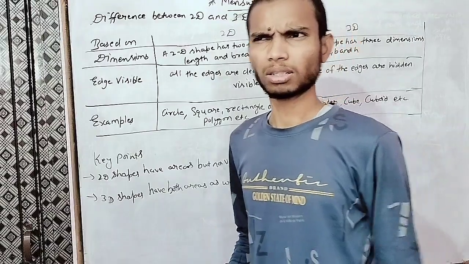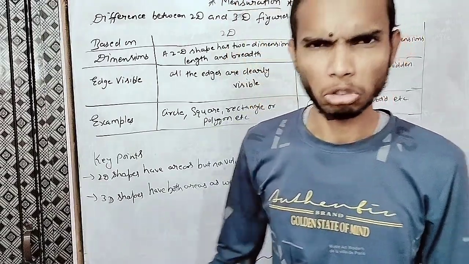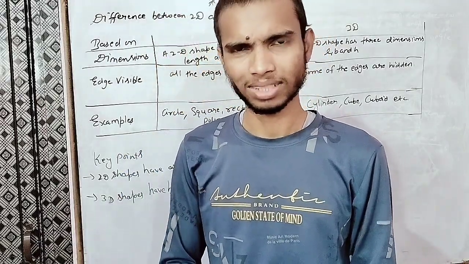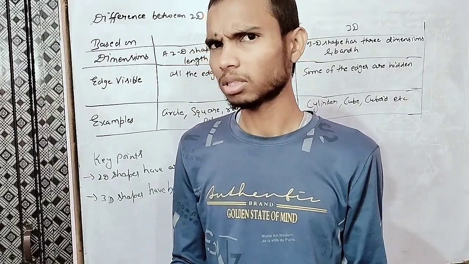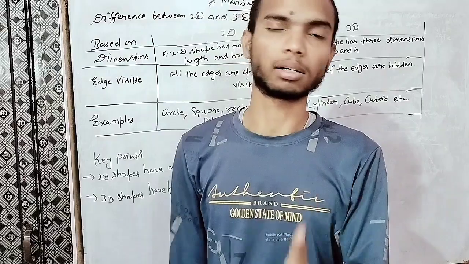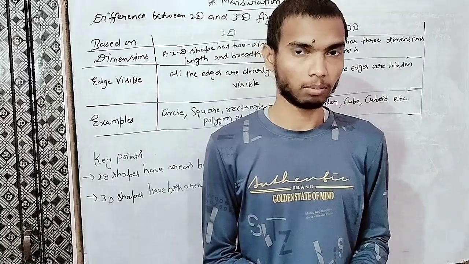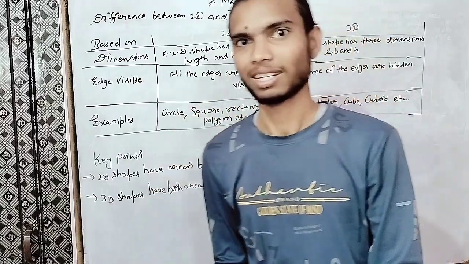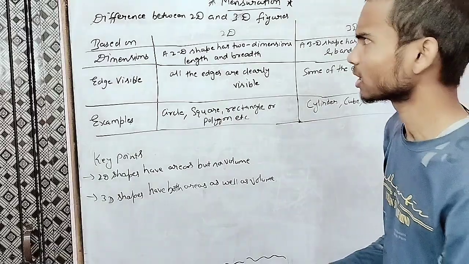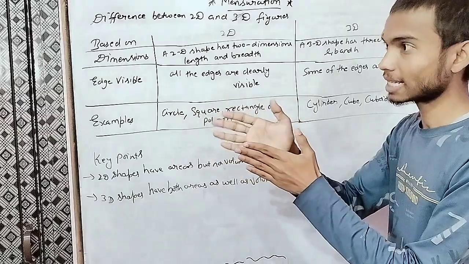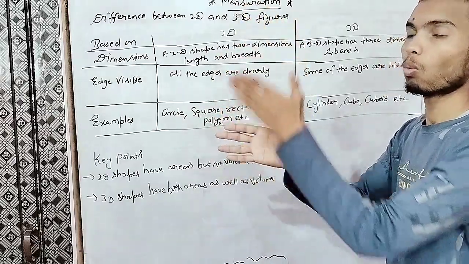So in a 2D shape, can we put anything? Yes, your answer is correct. We can't put anything in 2D because there is no space. By visualization you can understand. This is the x-axis and this is the y-axis.